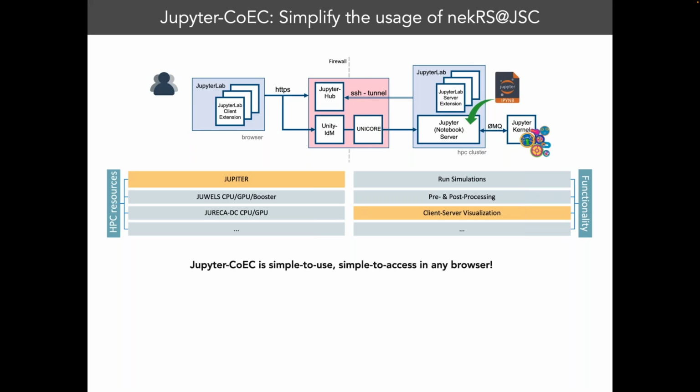Stefan already commented on that. But it's not just that, it also needs to be easy to access the code on the required hardware. So we identified this as one of the things which might be improved, and we developed Jupyter CoEC, which is a very simple way of accessing all of our HPC resources in the browser, and in particular also nekRS, which is precompiled on our system.